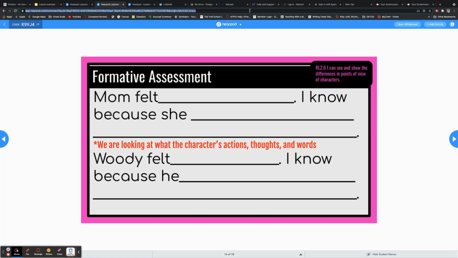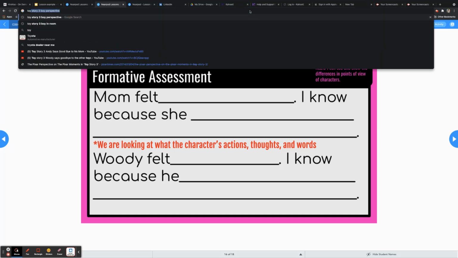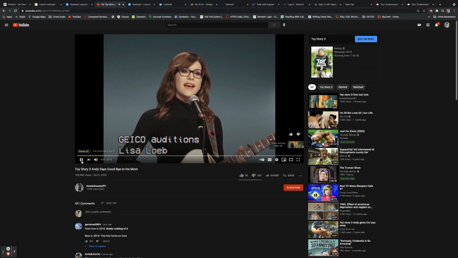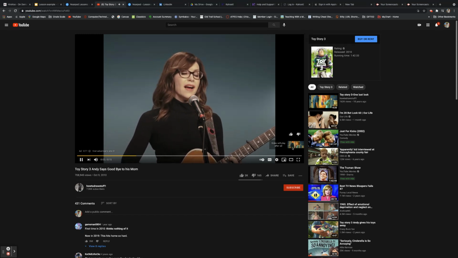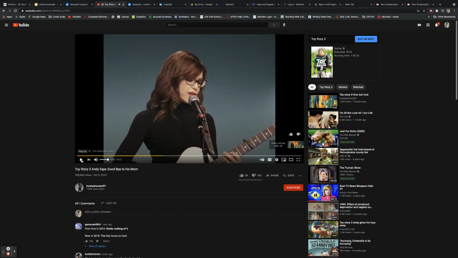Yeah, Toy Story 3, there it is. The perspectives here. So they watch this perspective here really quickly. We have to wait until it skips. Okay. So anyway, we'd watch that.